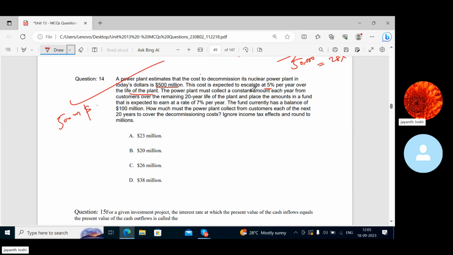Power plant must collect a constant amount each year from customers over the remaining 20-year life of the plant, and then place the amounts in a fund that is expected to earn 7% returns per year. The fund currently has a balance of $100 million. How much must the plant collect from customers each of the next 20 years to cover the decommissioning costs? Ignore income tax effects and round to millions. This is a very typical question.